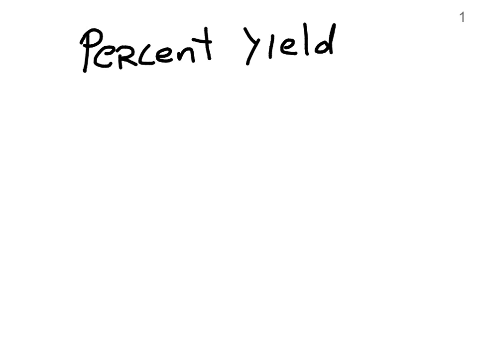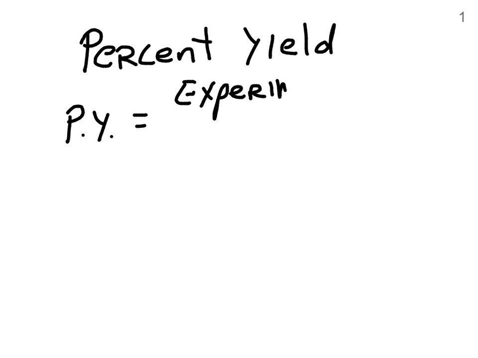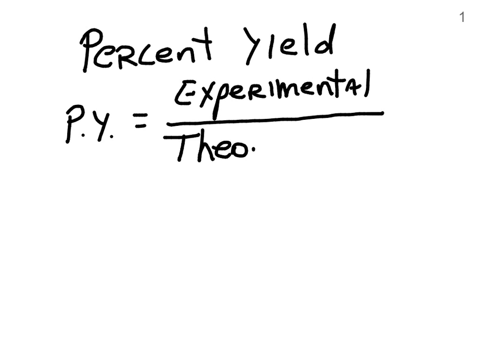Basically, the percent yield is going to be equal to the experimental amount that you make in an experiment divided by the theoretical. And the theoretical would be based on the stoichiometry, the amount of actual product you would make in the best case situation. And then this is all going to be multiplied by 100.